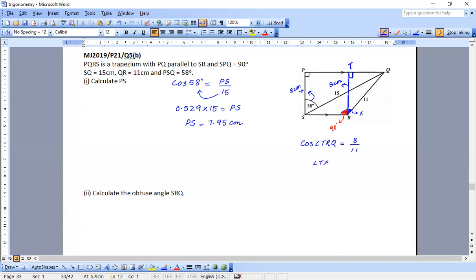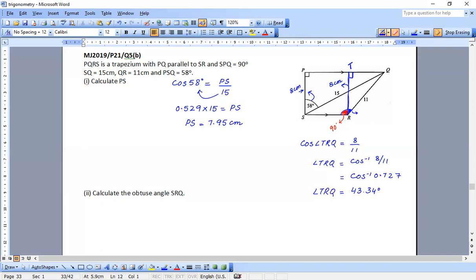In order to get the value of angle TRQ, I'll take cos inverse of 8 upon 11, and 8 upon 11 becomes 0.727. Cos inverse of 0.727 is 43.34. So this angle is going to be 43.34 degrees. This is just that blue part of that entire angle which I had to find out.